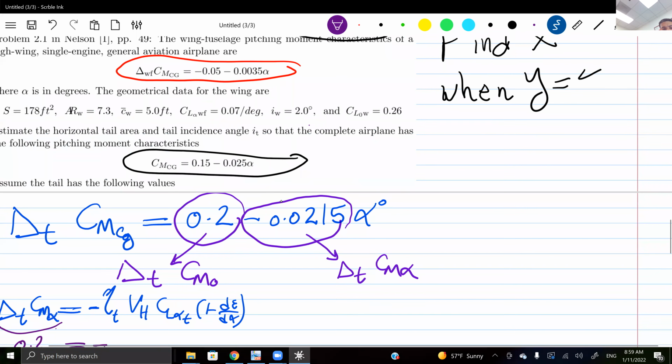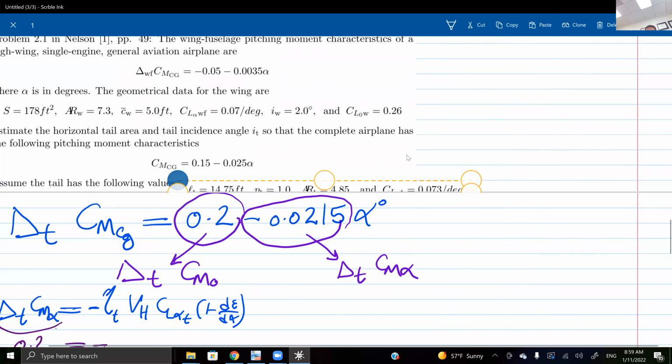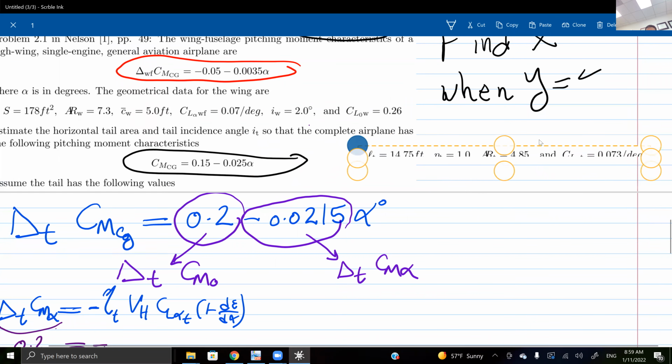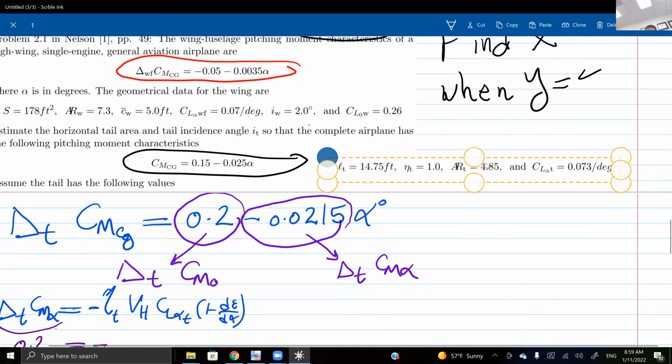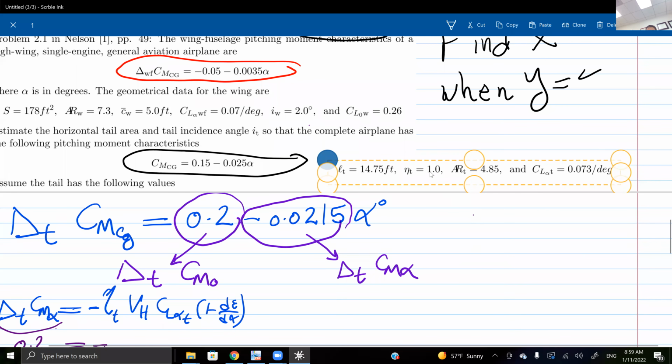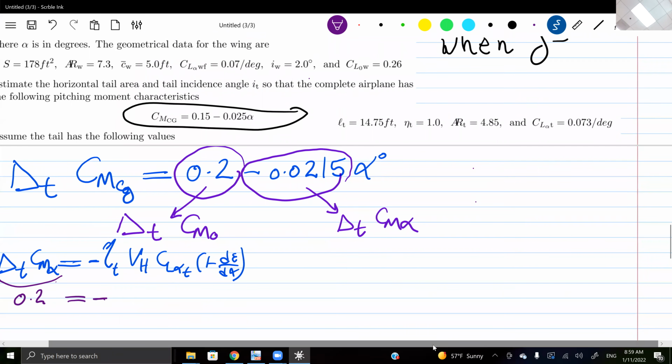Oh, it's not clear. Okay, let me get it again. All right, so eta tail is given, it's 1. I'm going to write here 1.